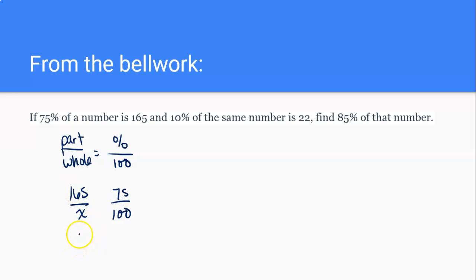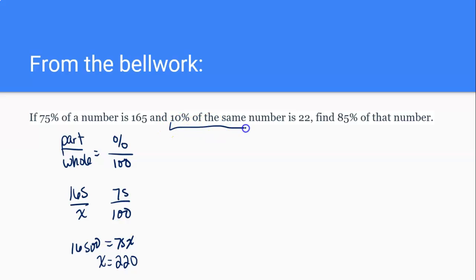I can do 100 times 165. That just gives me 16,500 equals 75x. And then I just divide both sides by 75. 16,500 divided by 75, I get x equals 220.